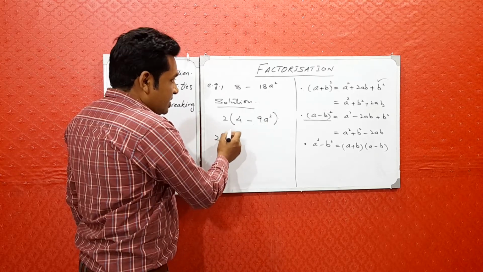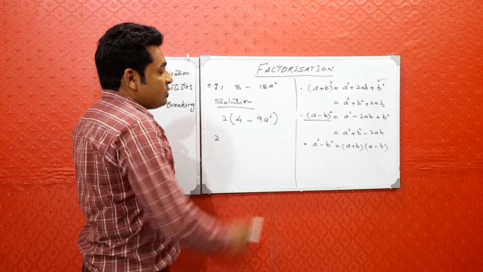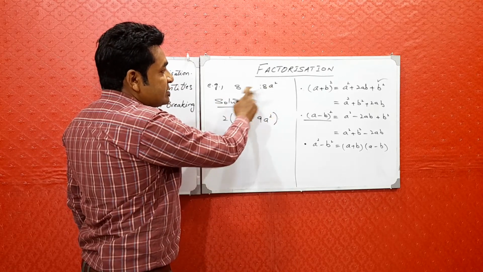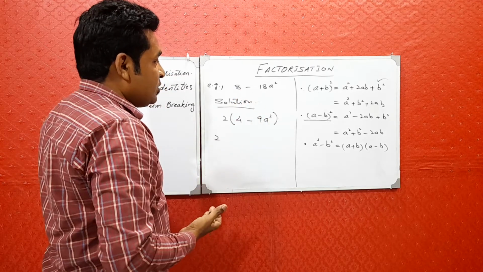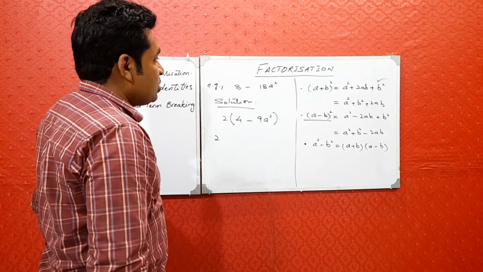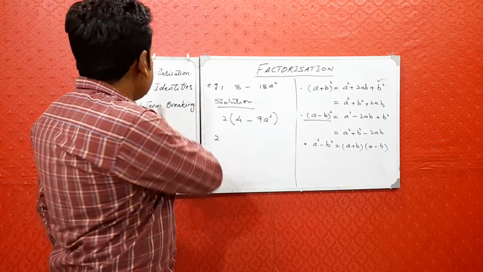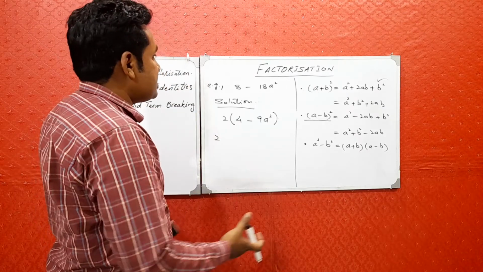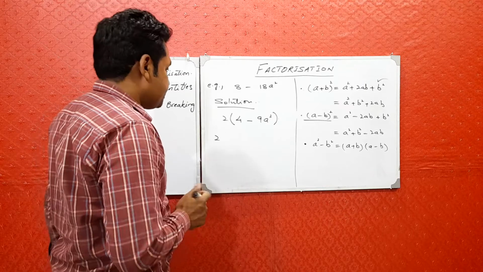In the beginning no perfect square was given, only the a was a perfect square, but these numbers were not perfect squares. So it was possible to convert them into perfect squares. If it is not possible to convert them into perfect squares, then you will do just simple factorization if possible, otherwise you leave it.